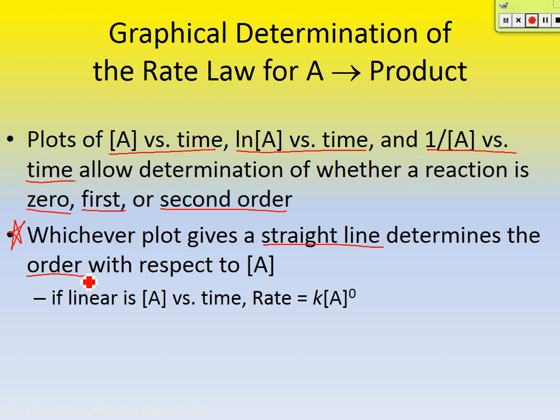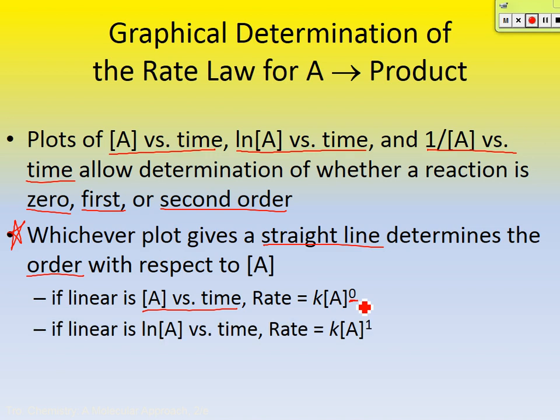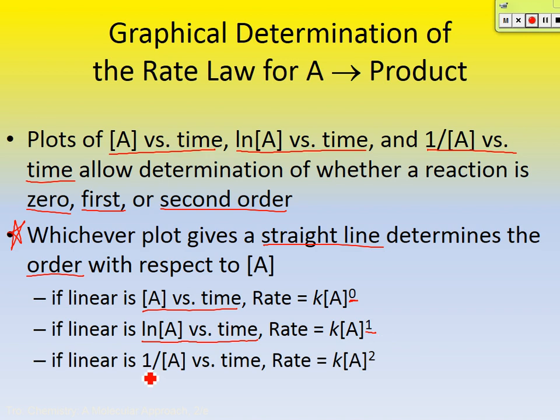Now, if it's linear when you plot the concentration versus time, then it's going to be zero order. That's why there's a 0 exponent there. But if your graph is linear when you plot natural log versus time, it'll be first order. And if it is linear if you plot 1 over the concentration versus time, then it will be second order.